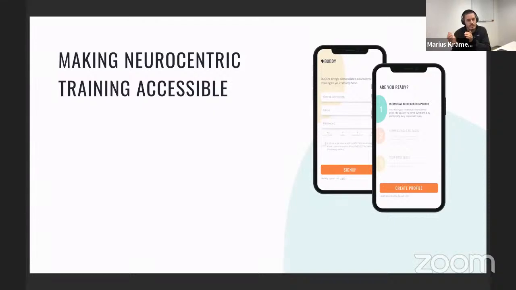That leads us to like 10 to 20 million different neurocentric profiles that the user can get. Based on those profiles, we then suggest neurodrills. Basically, if your right brainstem is lacking a bit, you can do movement on the left side to activate that. That reduces stress in your nervous system, and by reducing the stress, we also reduce pain and we improve movement.